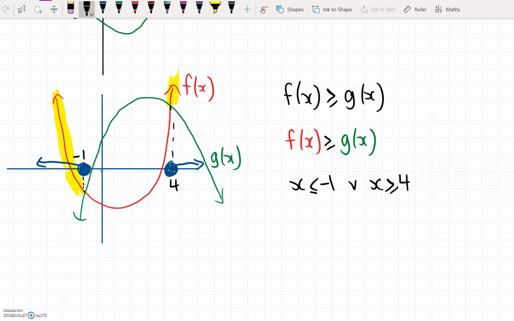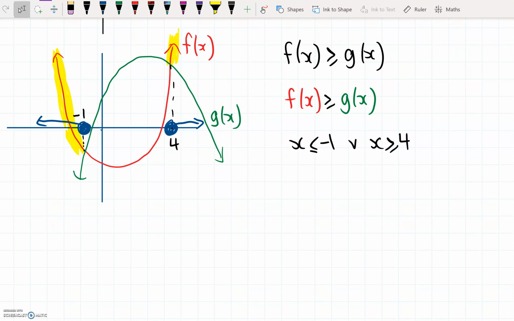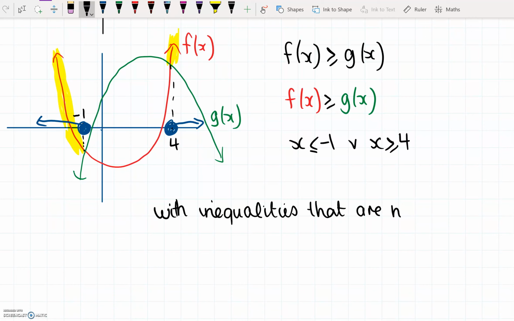The really important thing is with inequalities that are not linear, always, I'm going to write always in capital letters, always draw a sketch.